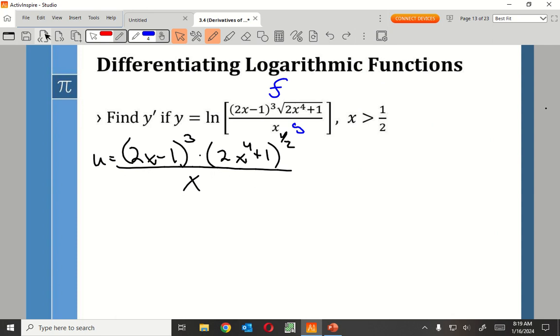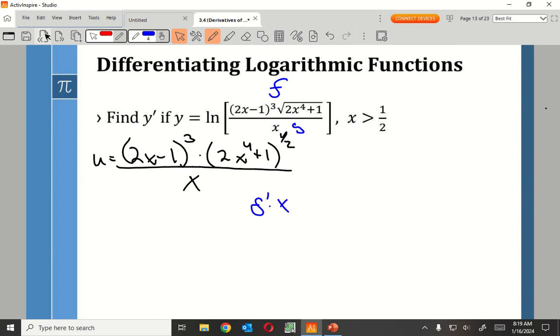Okay, so let's go ahead and rewrite this. So my quotient rule is going to say F prime times g, which is just what? That one's a simple one.